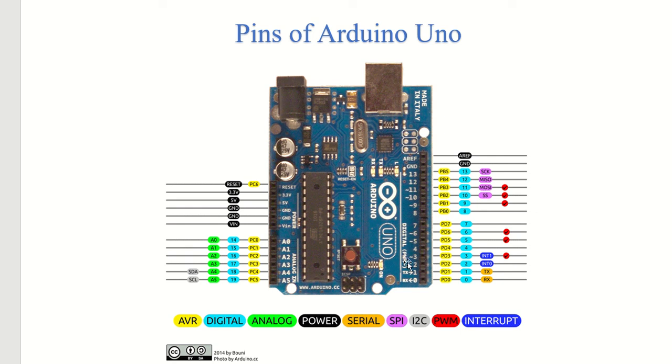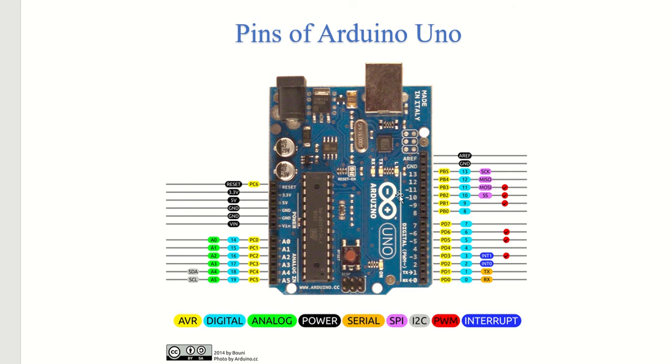And you will see these kind of symbols around the third pin, fifth pin, sixth pin, ninth pin, 10th pin, 11th pin. See this symbol. That symbol basically means PWM capability, which means that particular pin holds the capability of pulse width modulation.